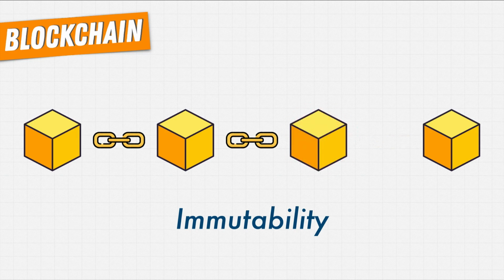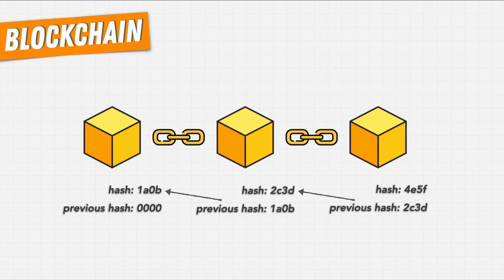Say we wanted to remove this third block. Because the fourth block is immutable, we can't change the previous hash that it points to, which means the blockchain will always expect that third block to be in the chain, exactly like when it was originally added. That's immutability. And it's how we use these hashes from the world of cryptography to create a chain of blocks.